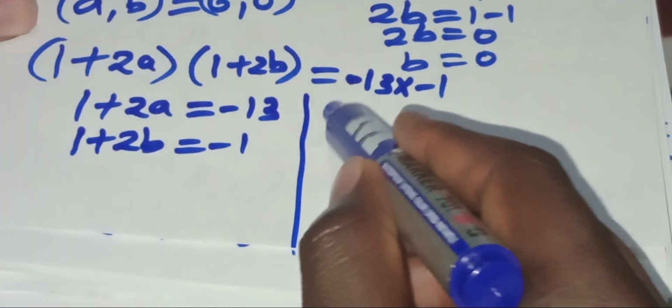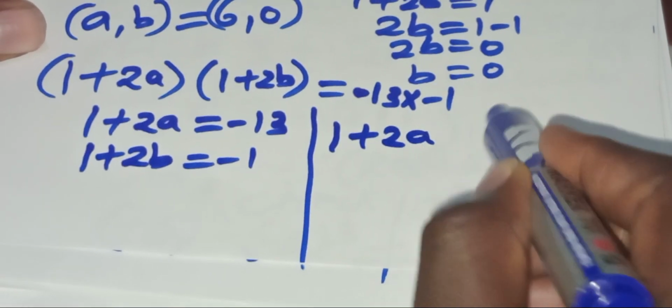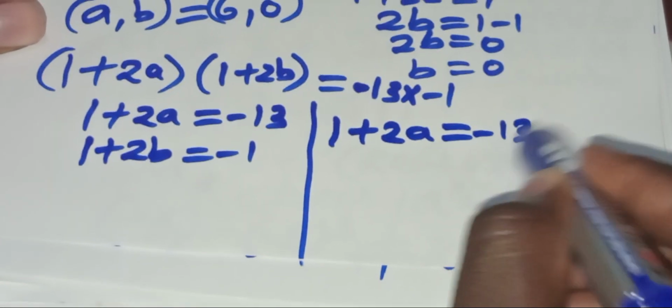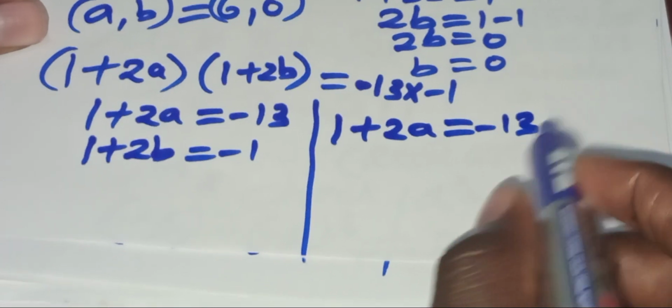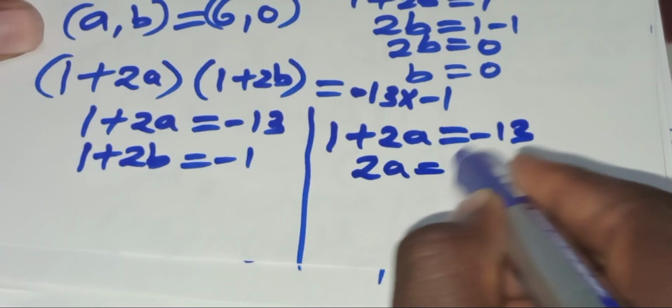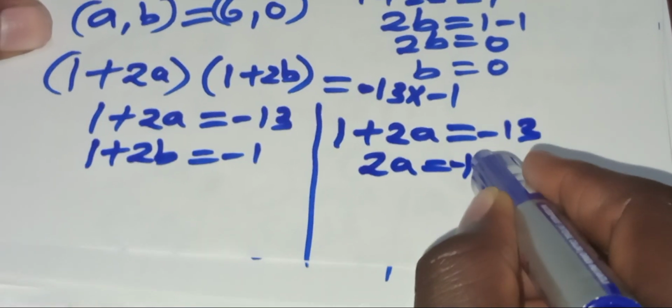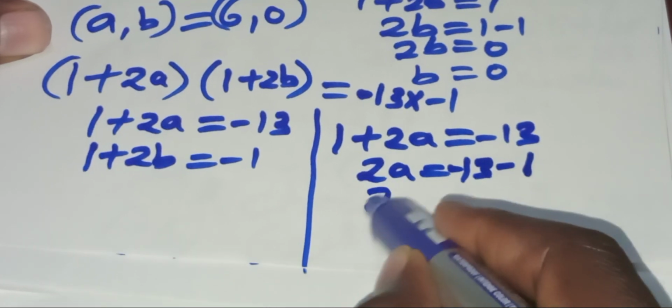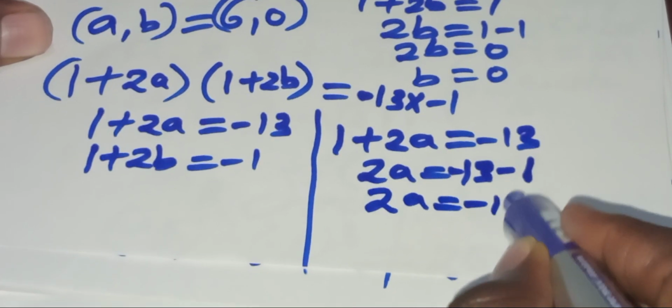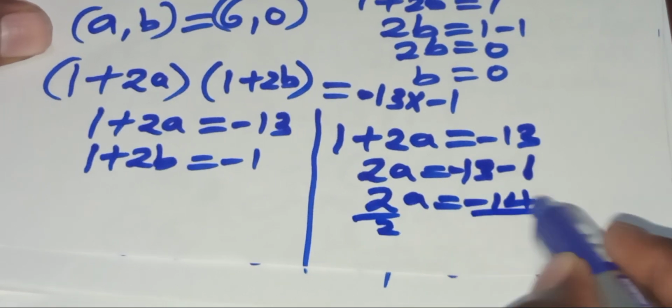So 1 plus 2a is equal to negative 13. We take 1 to the other side, so 2a is equal to negative 13 subtract 1. So 2a is equal to negative 14. Divide both sides by 2.